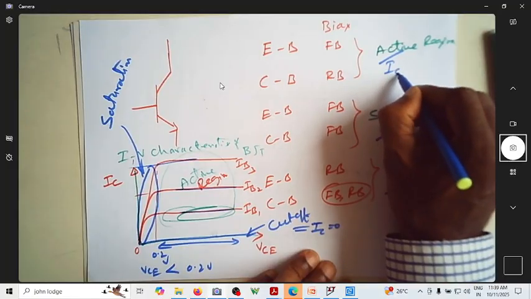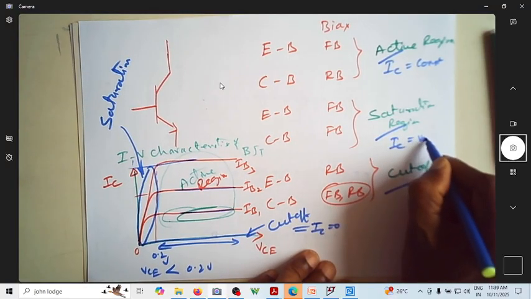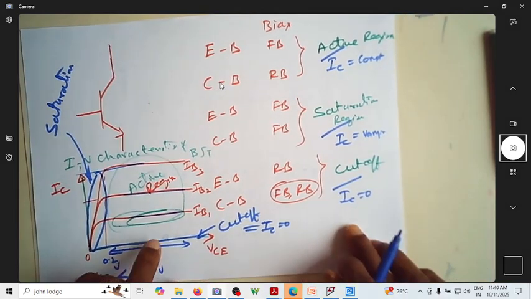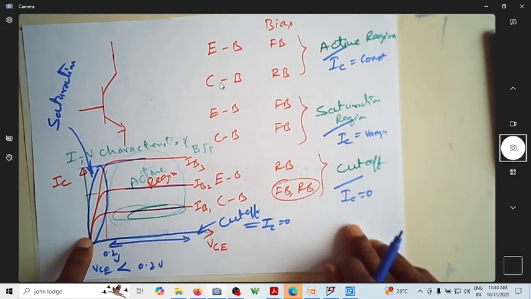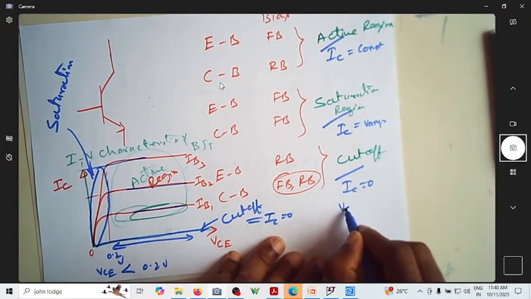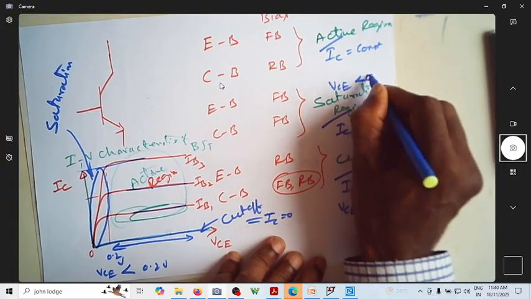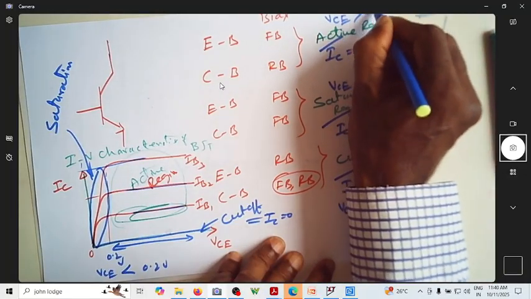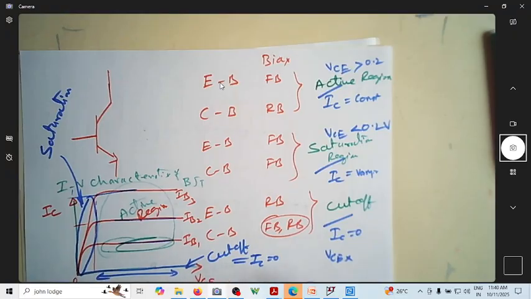In active region IC is constant, in saturation region IC is varying, and in cutoff region IC is zero. In the active region, VCE can be any value above the saturation limit. In the saturation region, VCE has to be less than 0.2 volt or so. So these are the typical ranges of voltage.